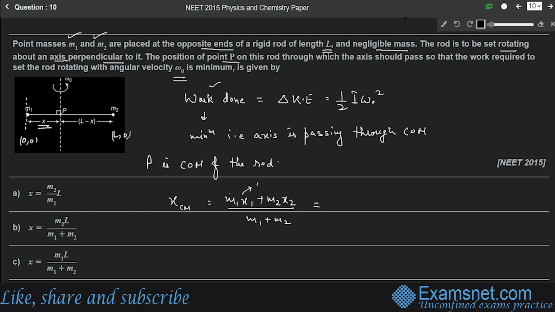So this m1x1 will be equal to 0, plus x2, that means the position of m2 along the x-axis is L. Okay. So it is m2 into L upon m1 plus m2. Okay. So we can say that x is equal to m2L upon m1 plus m2.